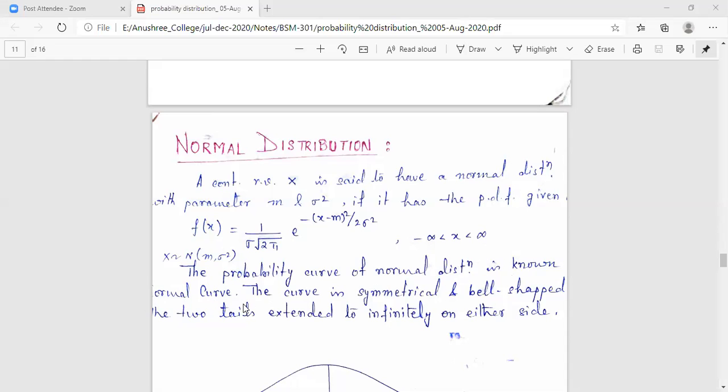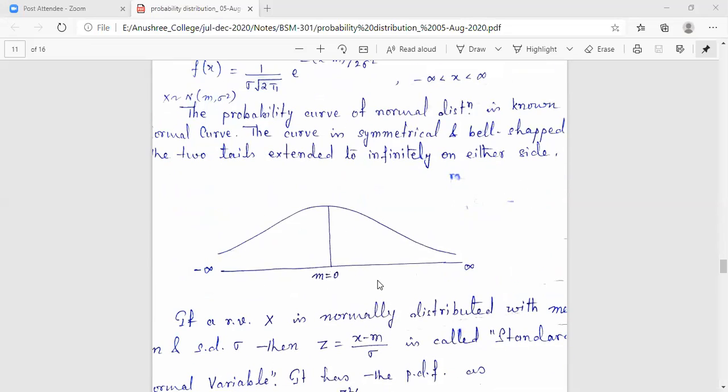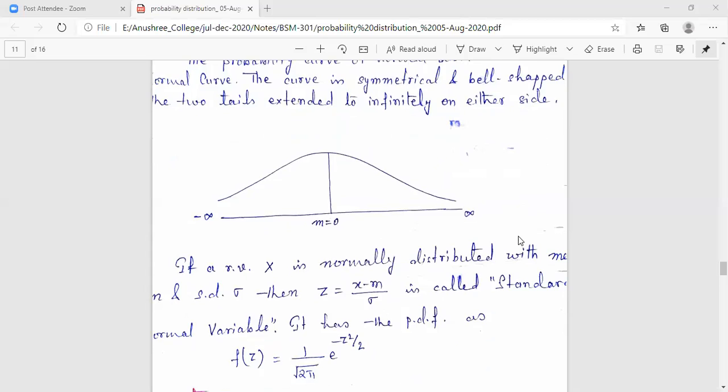The curve is symmetrical, bell-shaped, and extended infinitely on both sides, going up to minus infinity and infinity. Nowhere does it touch the x-axis. The curve is symmetrical about the middle point x equals m, and it is bell-shaped.